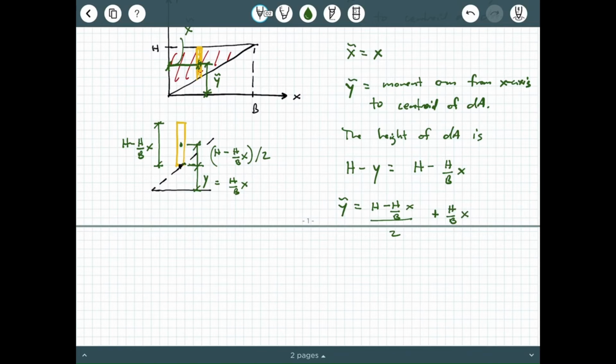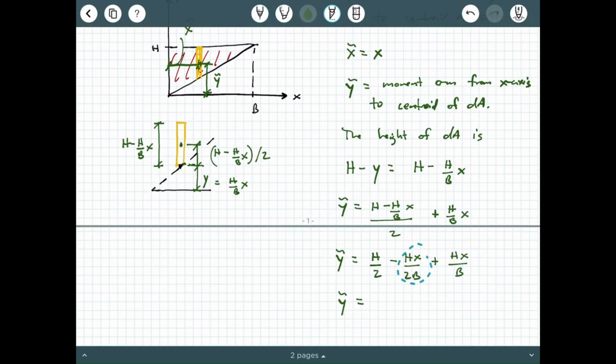So that looks a little messy, but that's okay. We can combine a lot of like terms. We can combine this as h over 2 minus hx over 2b plus hx over b. Once we have this, let's see what we can combine.